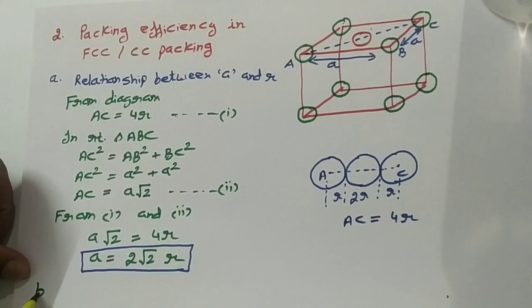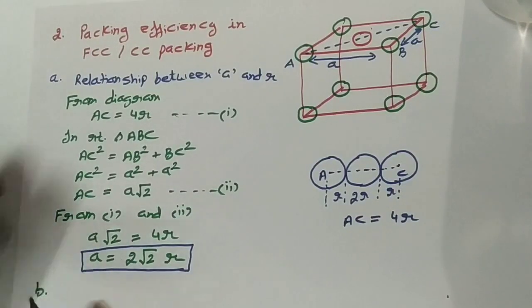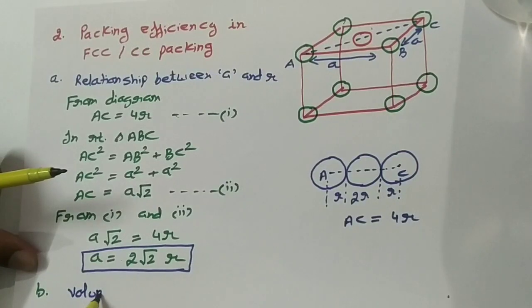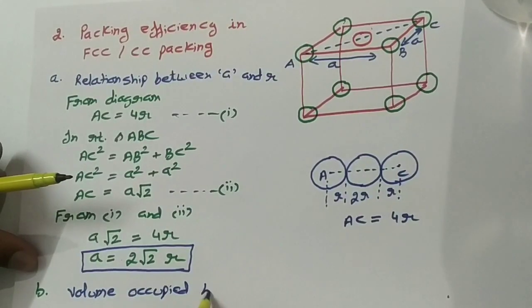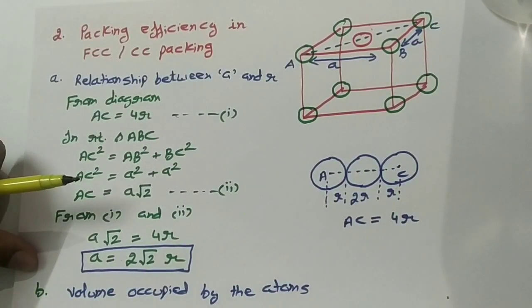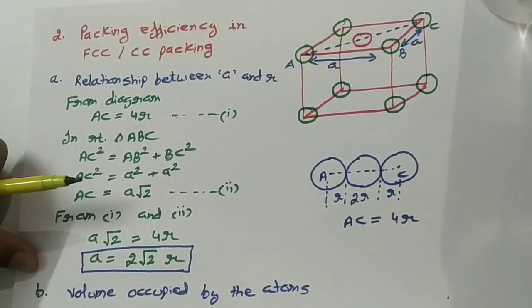B is volume occupied by the atoms. This is volume V1.